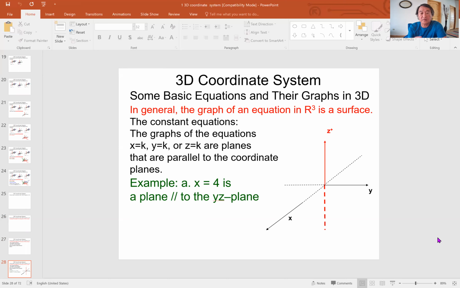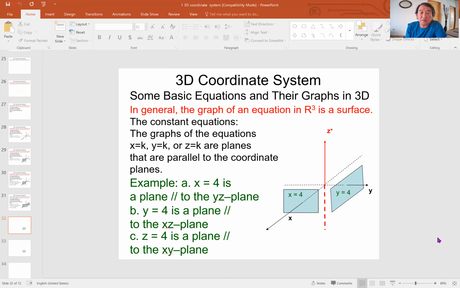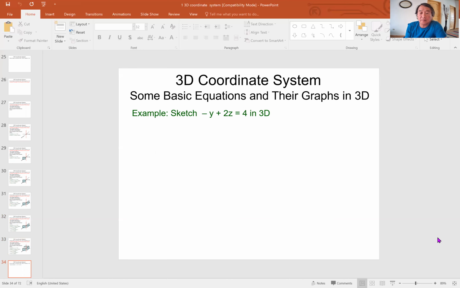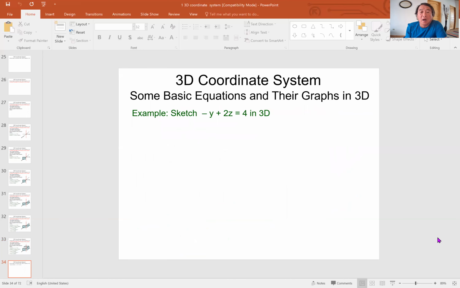For example, suppose I have the equation x = 4. This is going to be parallel to the yz plane. Every point on that little blue square has x coordinate equal to 4. Y and z don't matter. So these we call the coordinate planes.